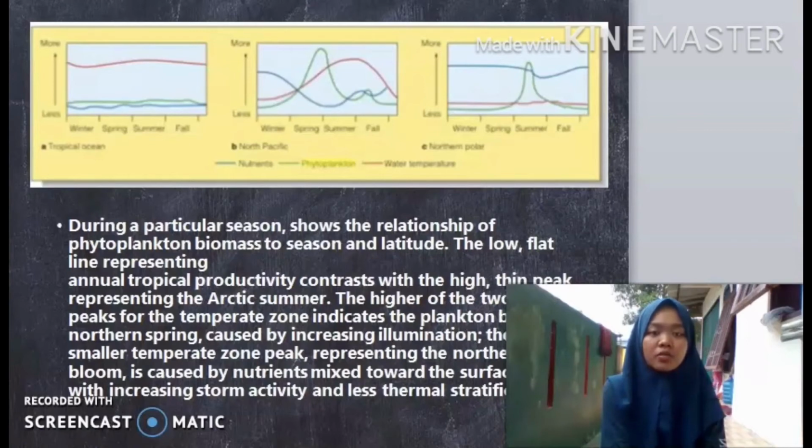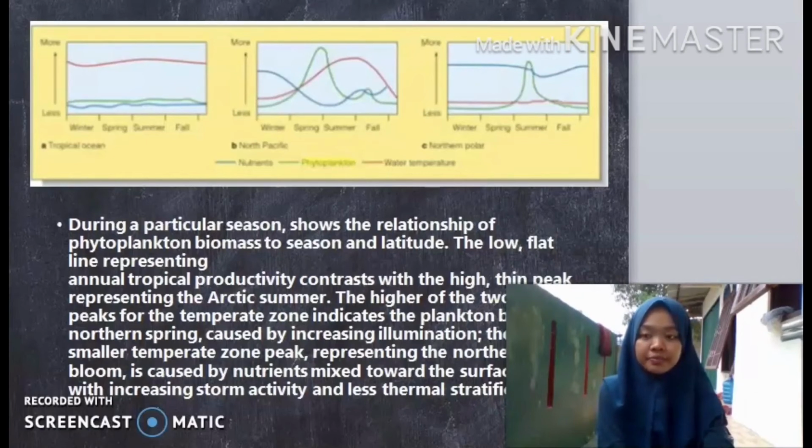The height of the two peaks for the temperate zone indicates the plankton bloom of northern spring caused by increasing illumination. The smaller temperate zone peak represents the northern fall bloom caused by nutrients mixed toward the surface with increased storm activity and less stratification.